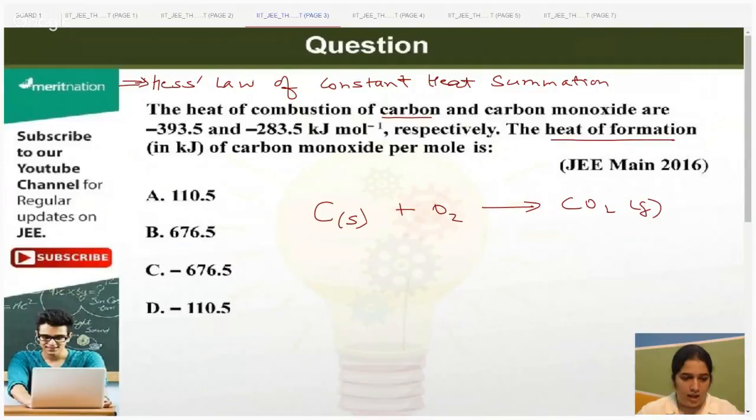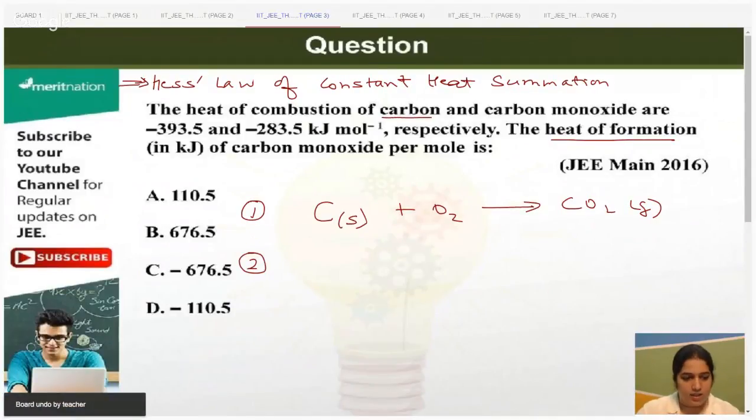The equation is balanced here, so we do not need to do anything. Let us assume this is reaction number 1, and delta H for this reaction is minus 393.5 kilojoules per mole.